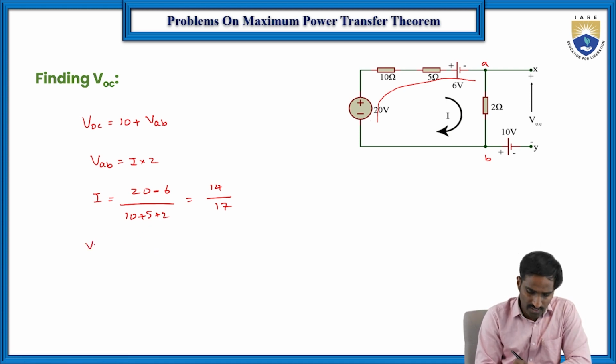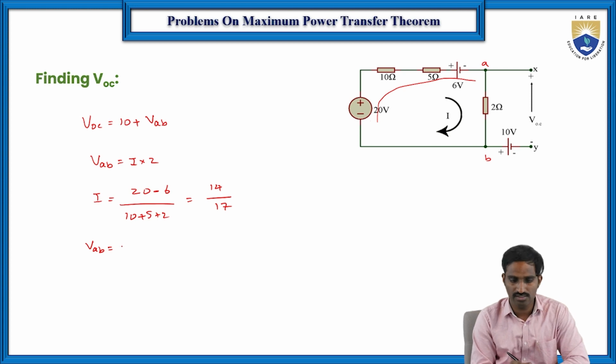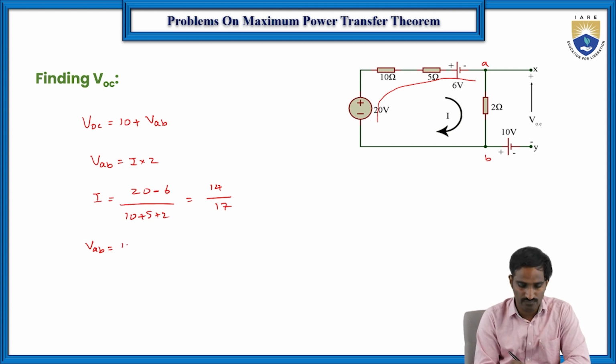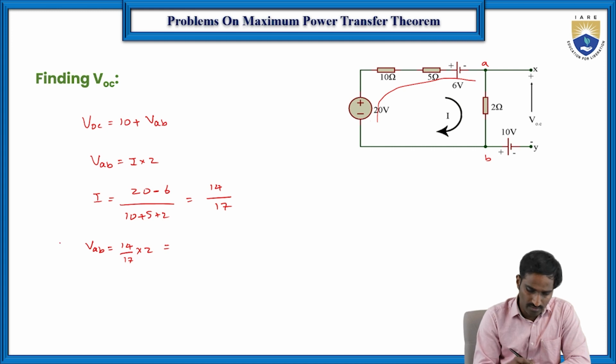Then VAB is equal to, here I is what we got, 14 by 17, into 2, which is equal to 1.65, not 11 point. So then this is VAB.